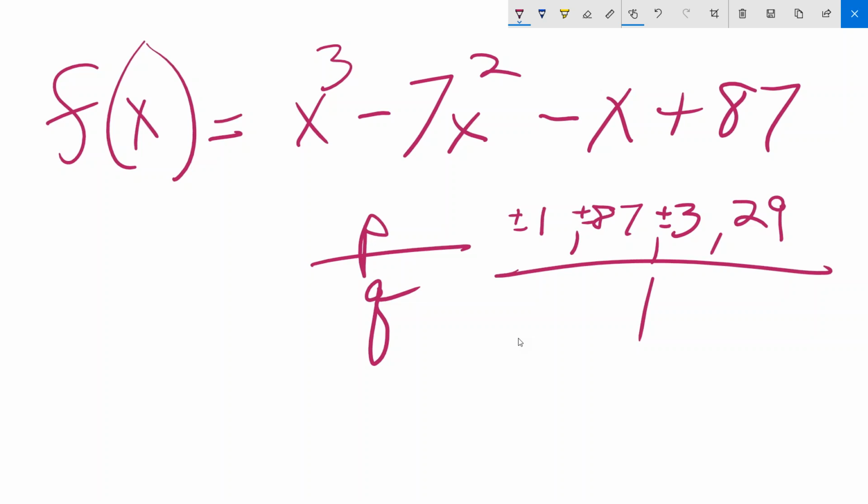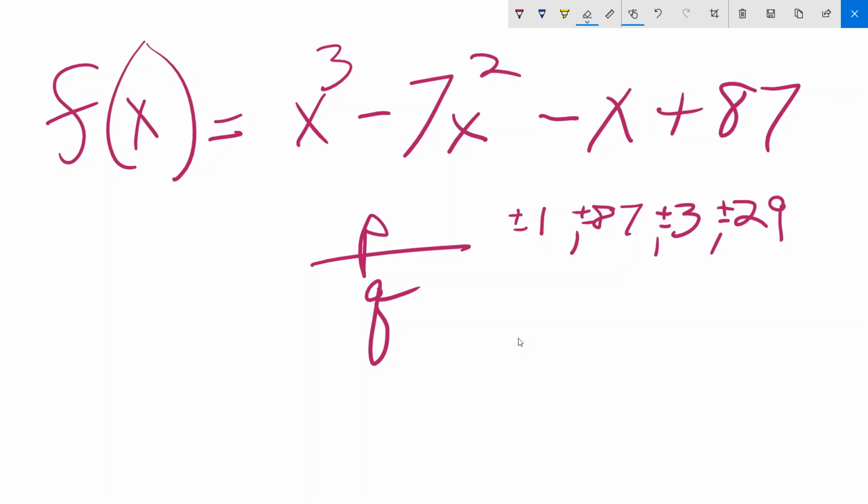So I don't need the denominator anymore since it can only be plus or minus 1. So if there is a rational factor to this cubic, it has to be plus or minus 1, plus or minus 87, plus or minus 3, or plus or minus 29.